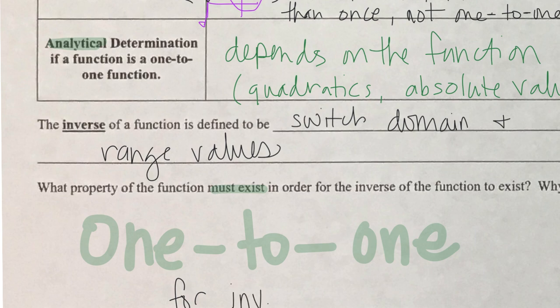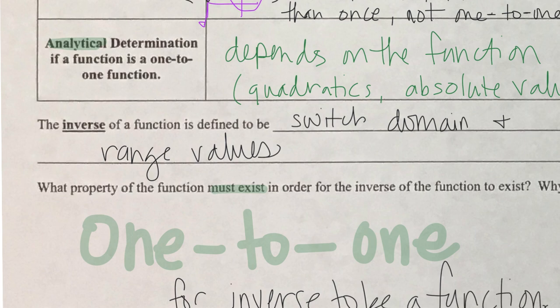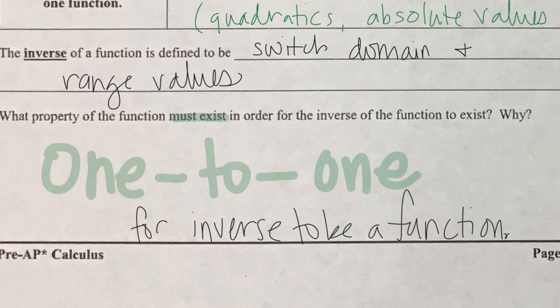For the inverse to be a function. Right, so we can have an inverse, it just wouldn't be a quote-unquote function. A function is one where every x value gives you exactly one y value. And so something is not a function, right? Think about a horizontal parabola.